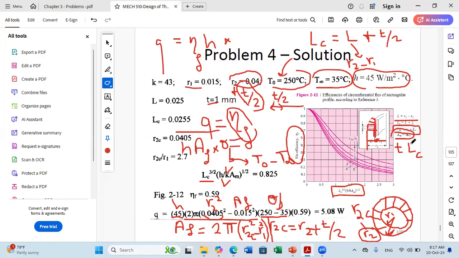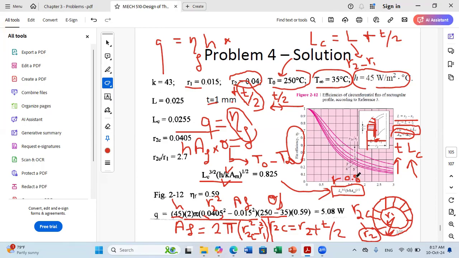So we have already found LC and we have the thickness, and we can replace and get the value of this parameter. This parameter is at the horizontal axis. So at the horizontal axis, we get 0.825. So it's nearly here. So we find here the location of 0.825.